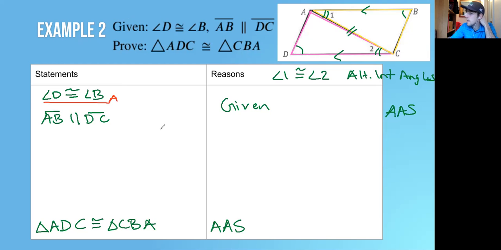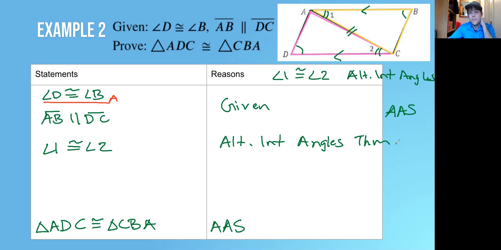I'll go ahead and name this next one here. So I'll say angle 1 is congruent to angle 2 by alternate interior angles. This one is a theorem. Remember, the one that is a postulate is the corresponding angles one. That's the one we call a postulate. The rest are all theorems. That's my second part. That's my second A.